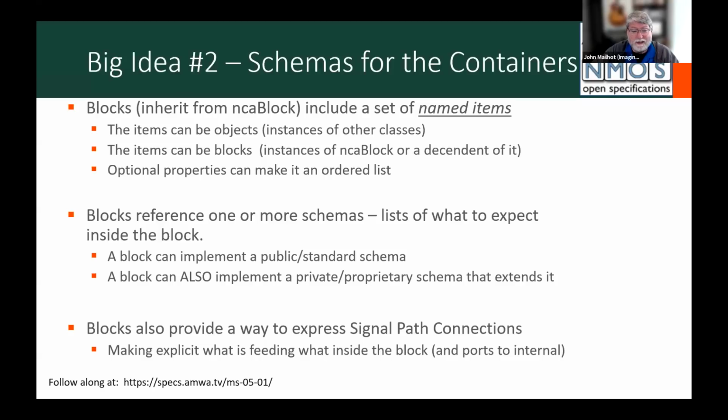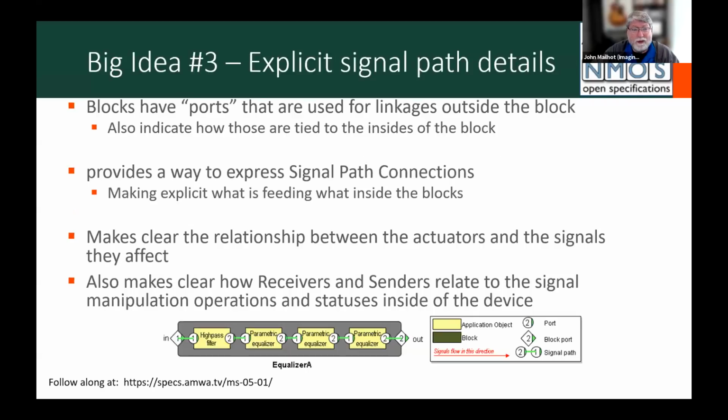That's the idea. Now, big idea number 3 is that in these blocks, there's also signal path details. So in addition, what's problematic is if you get from the control API a pile of knobs, and you get a pile of senders and receivers and ways signals come in and out.